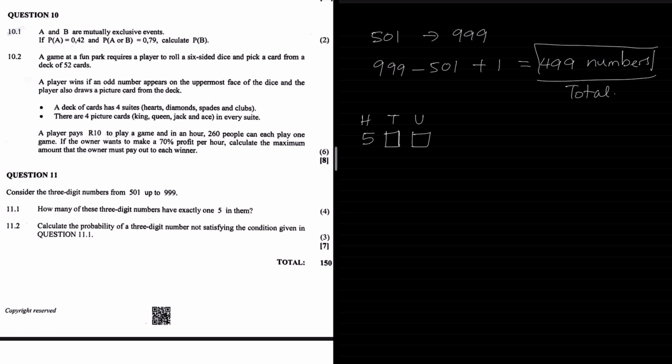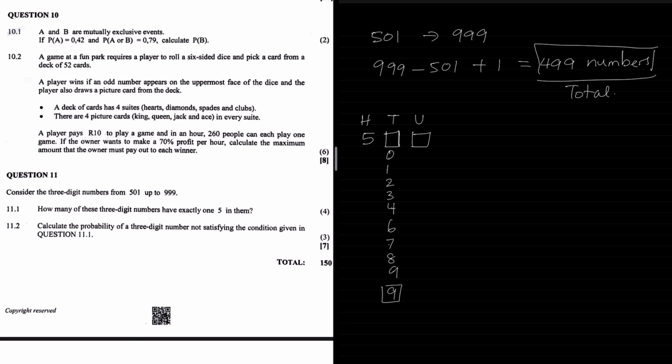I could have a 0, 1, 2, 3, 4. I can't have a 5 because the whole number must have only one 5. I could have 6, 7, 8, or 9. So in total, 9 numbers could fit there.